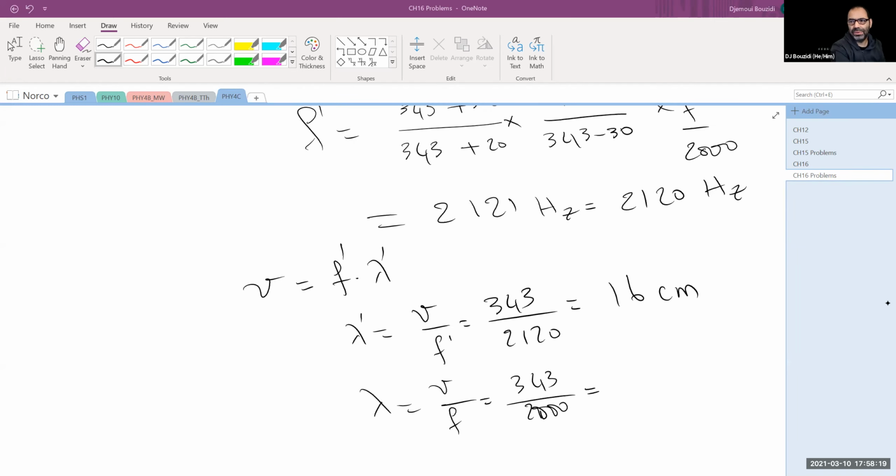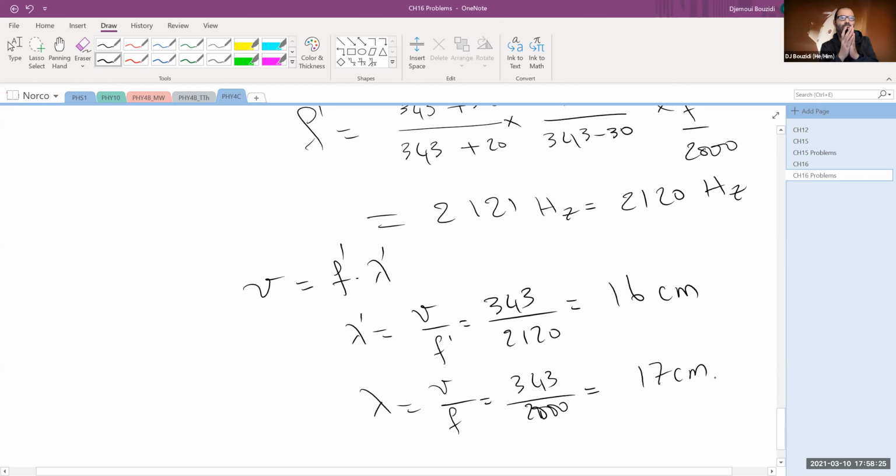That's indeed 17 centimeters. So the wavelength has shifted toward shorter wavelength, higher frequency. Okay, so this is the original one that the fire truck is emitting, 17 centimeters wavelength. Now, by the time it's reflected, it's back to 16 centimeters, meaning the frequency went up.